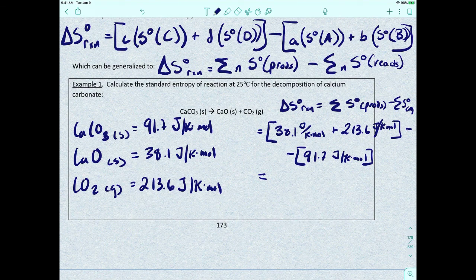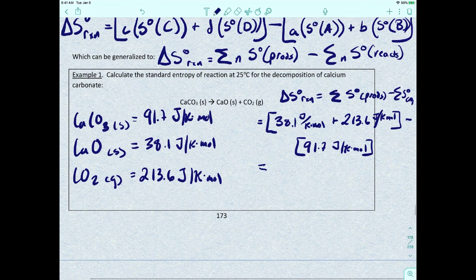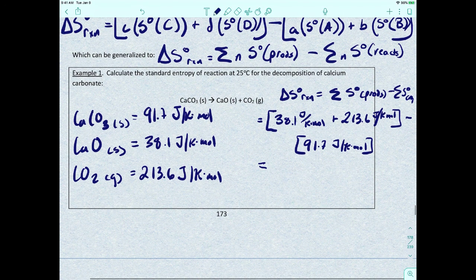So if we take 38.1 plus 213.6 minus 91.7, the first set of brackets should add up to 251.7 joules per K-mole, minus the reactants, which is 91.7 joules per K-mole.